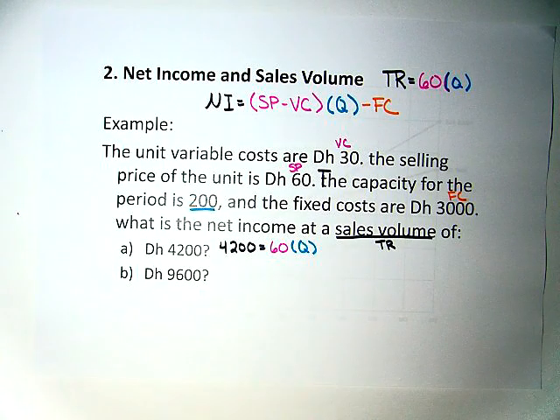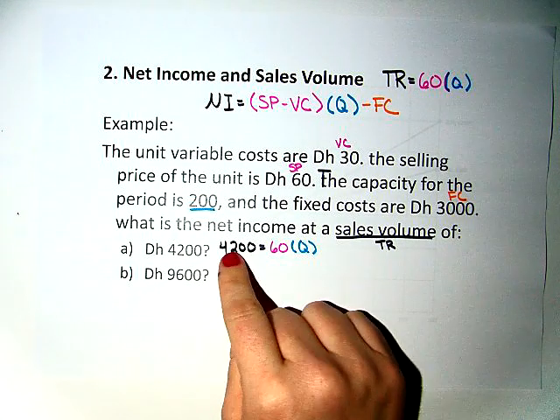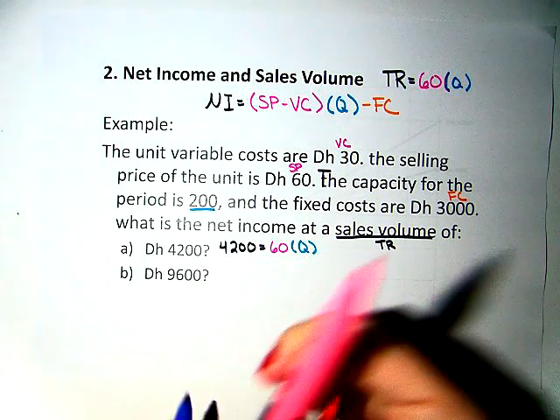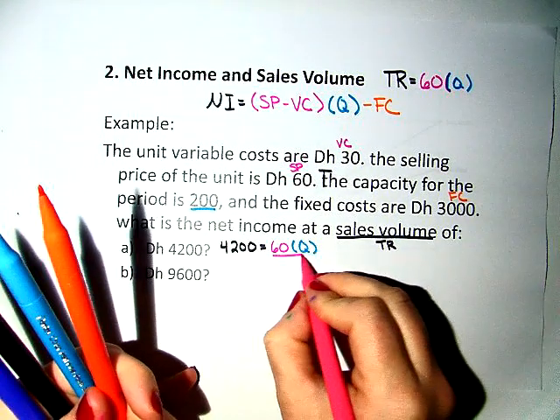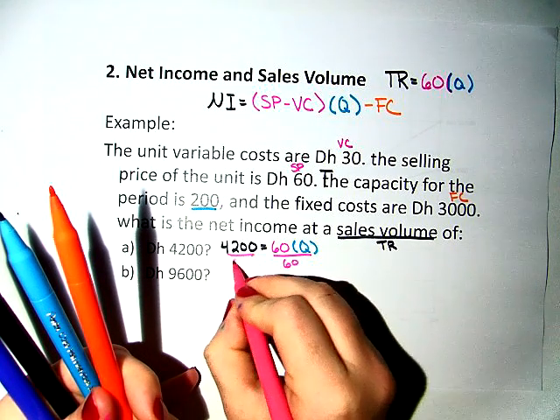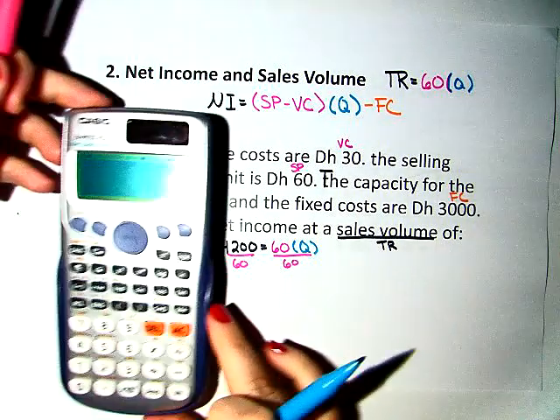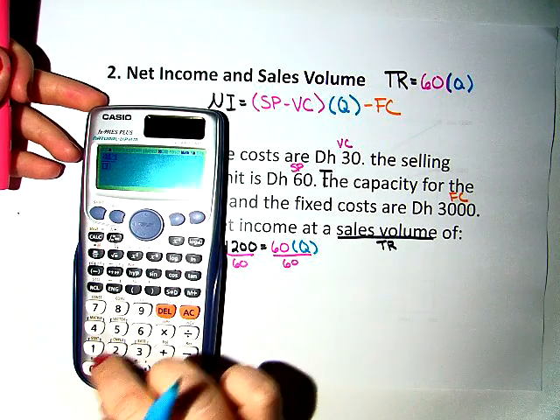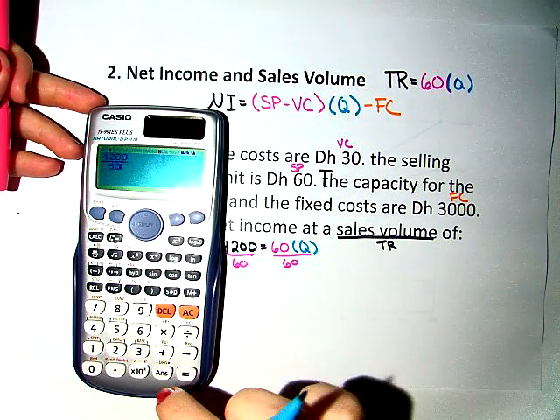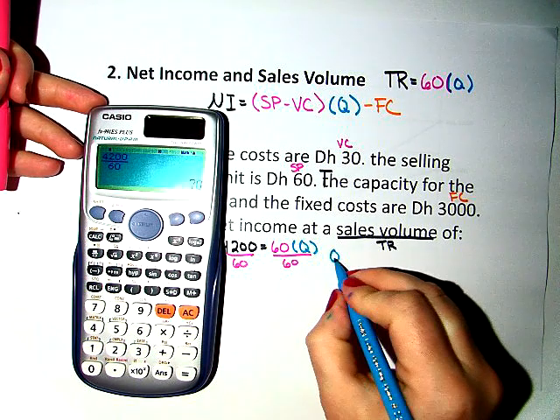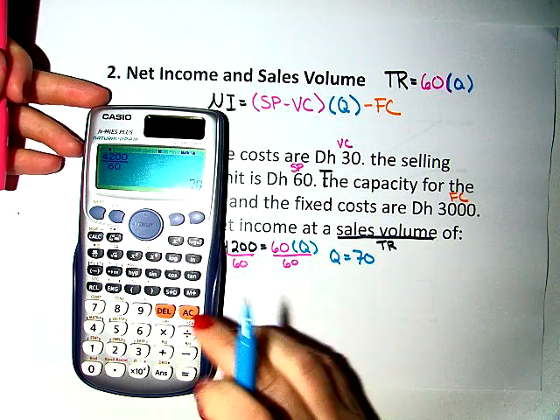So that's the net income equation, but we need to find the quantity in order to solve for it. So 4,200 equals 60Q. In order to solve this, we divide both sides by 60. Okay, so let's put that in the equation. 4,200 divided by 60 gives me a quantity of 70.